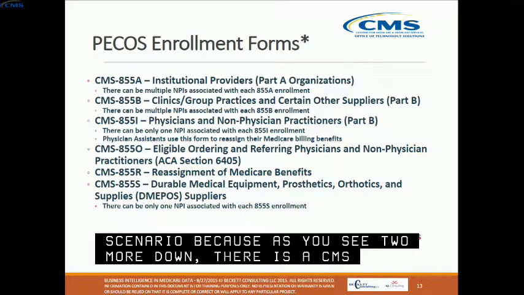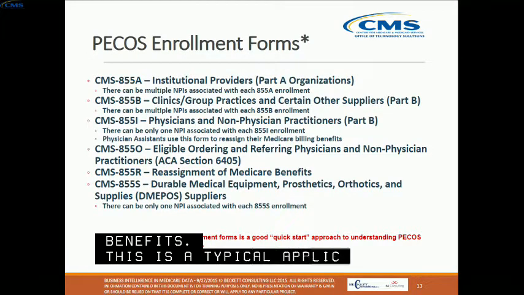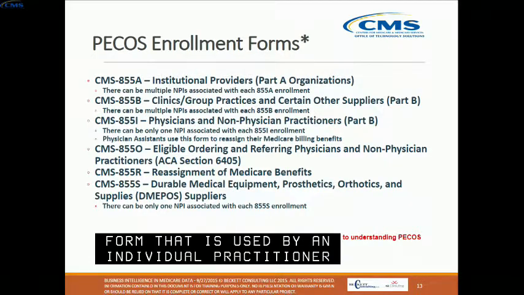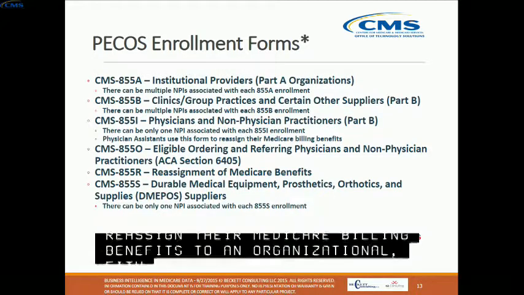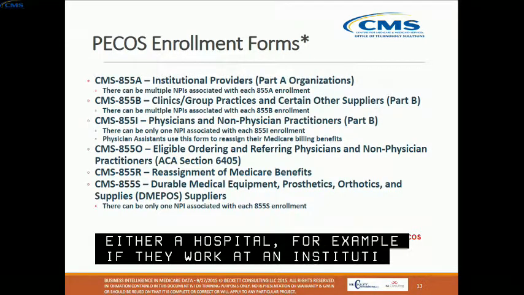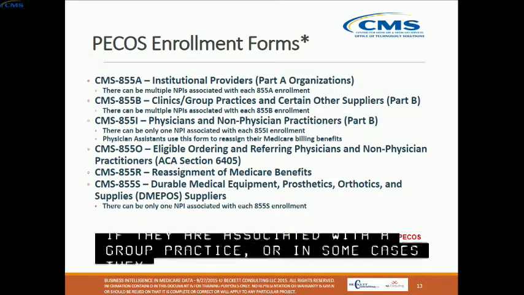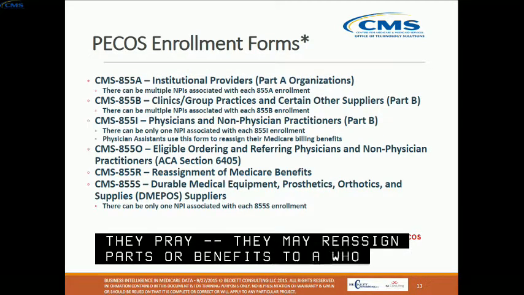This is the typical application form used by an individual practitioner to reassign their Medicare billing benefits to an organization, either a hospital, for example, if they work with an institution, or a group practice, if they're associated with one. In some cases, they may reassign parts of their benefits to a whole series of organizations with which they're associated, both institutional providers as well as group practices.